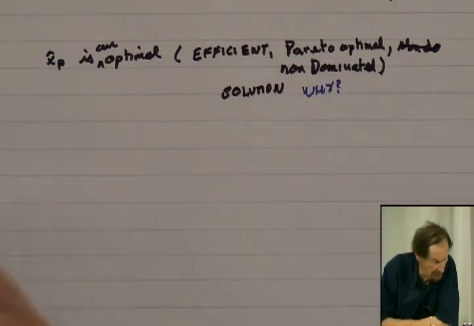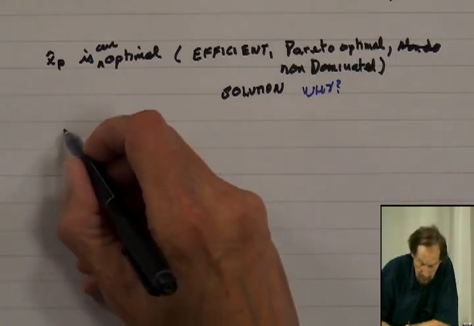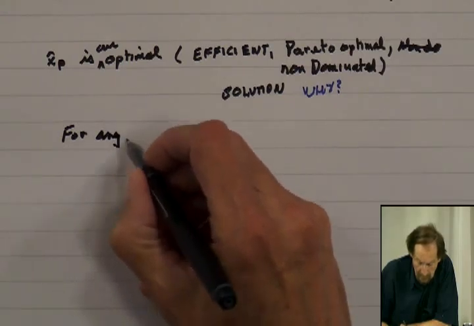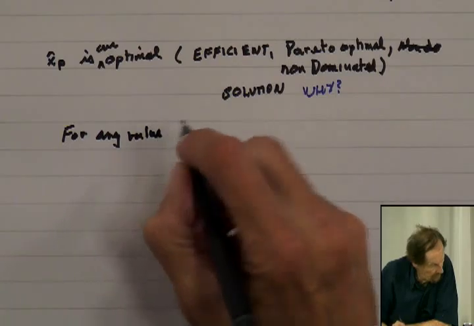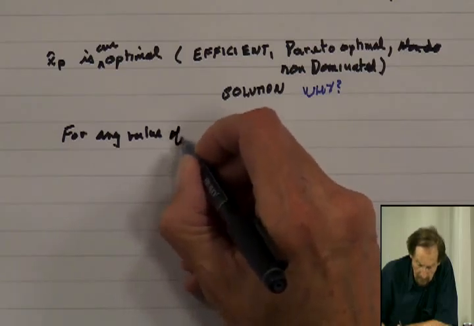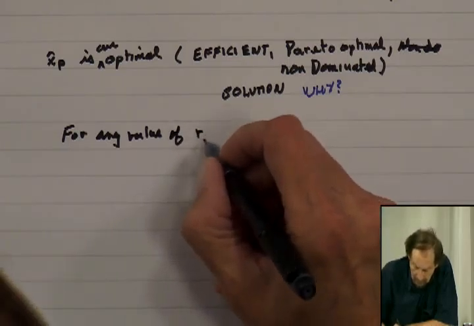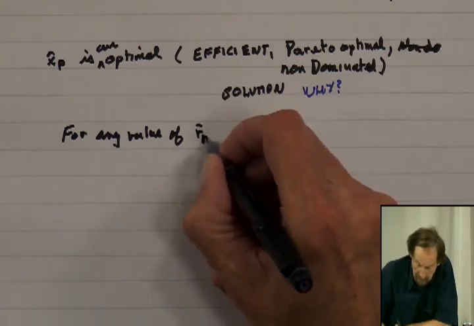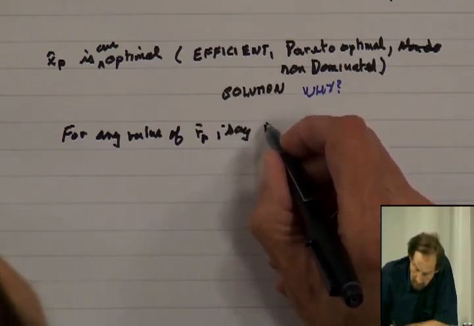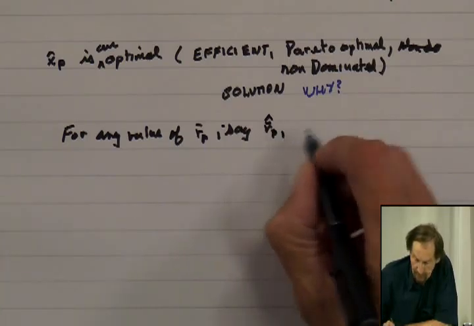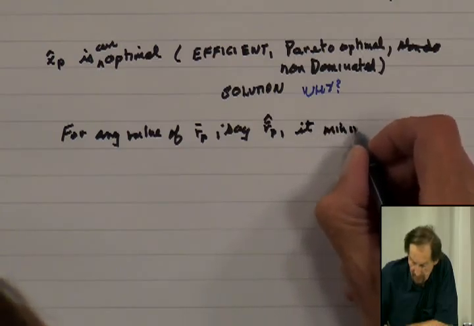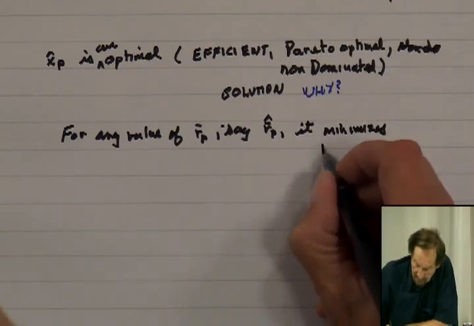Okay, let's look at this. For any value of R bar P, and we'll say R bar P hat, it minimizes risk.